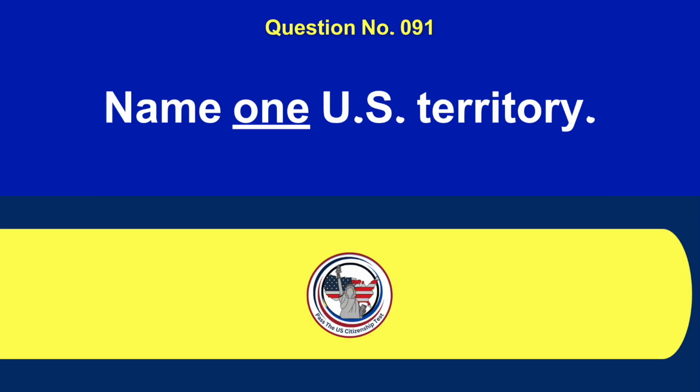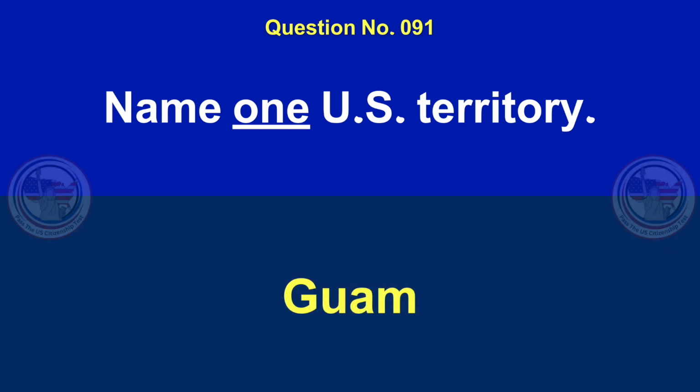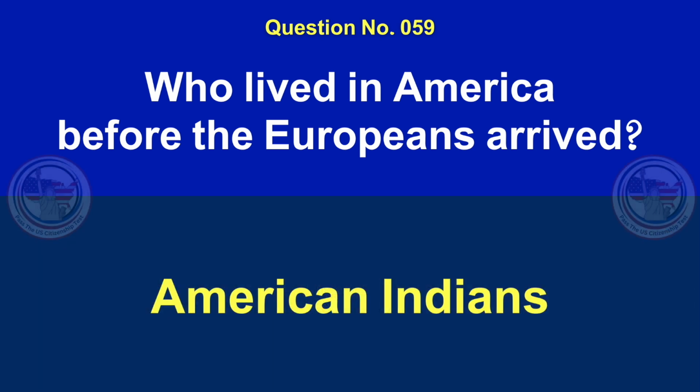Name one U.S. territory. Guam. Who lived in America before the Europeans arrived? American Indians.